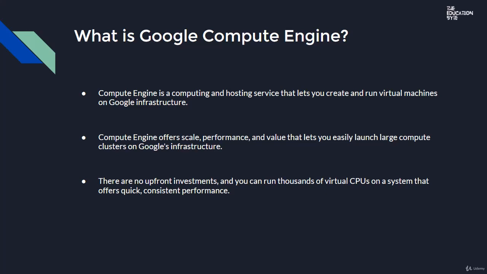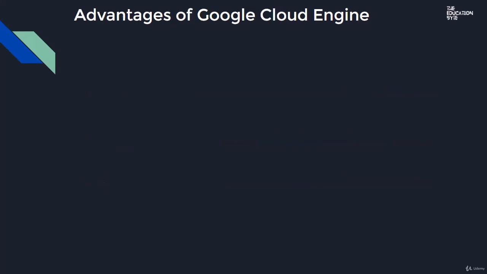So, what are the advantages of Google Compute Engine? Google Cloud's unmanaged compute service is Compute Engine. You can think of Compute Engine as providing infrastructure as a service because the system provides a robust computing infrastructure, but you must choose and configure the platform components that you want to use.